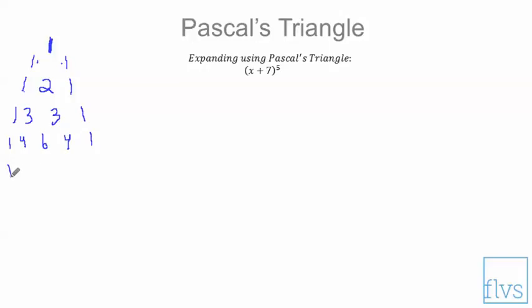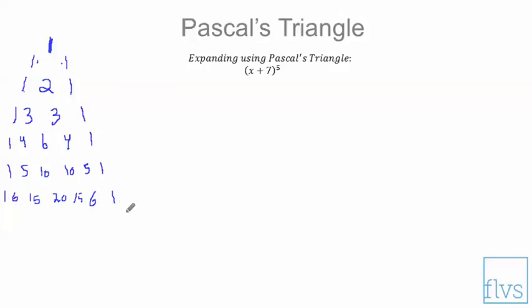Next row, again, keep my 1s on the outside. 4 and 1 make 5, 6 and 4 make 10, 6 and 4 make 10, and 4 and 1 make 5. Let's do another row for good fun. 1s on the outside. 1 and 5 make 6, 5 and 10 make 15, 10 and 10 make 20, 10 and 5 make 15, and 5 and 1 make 6.